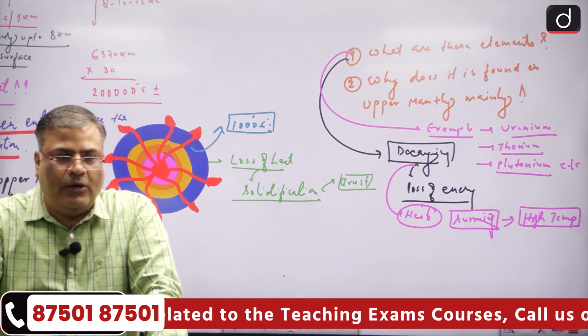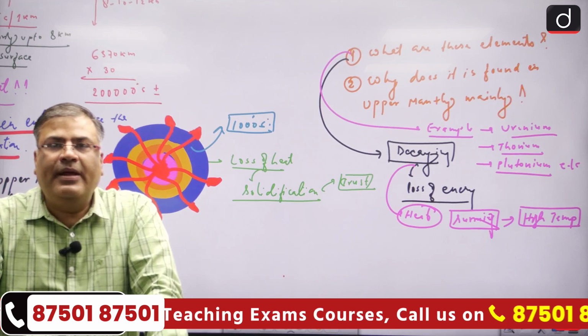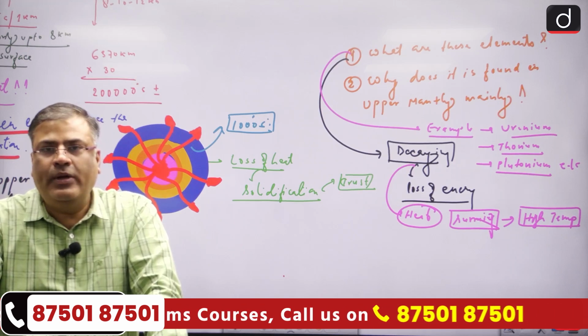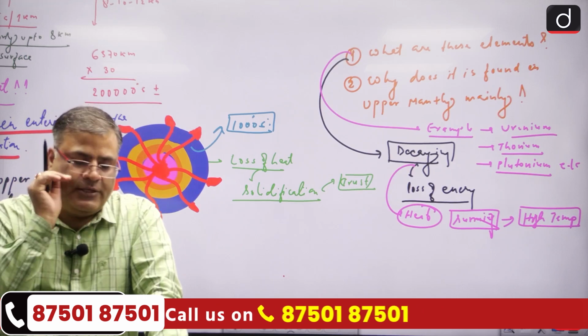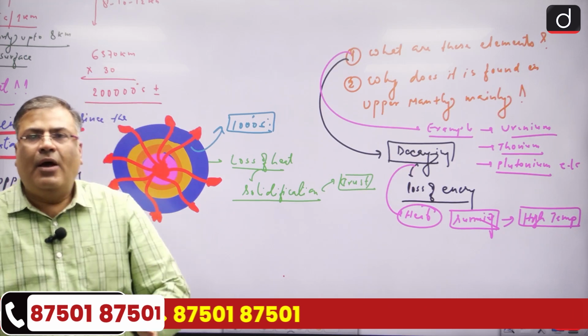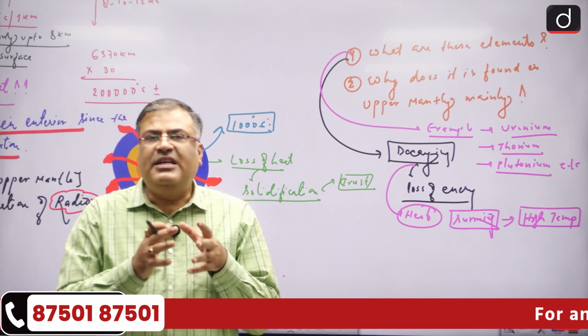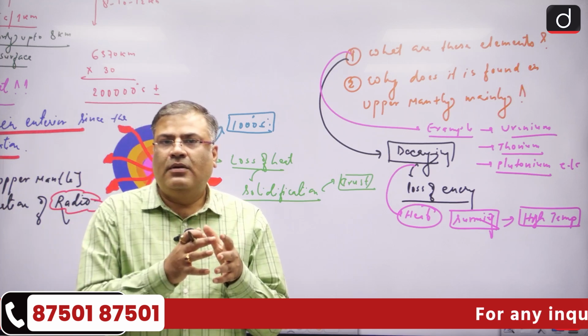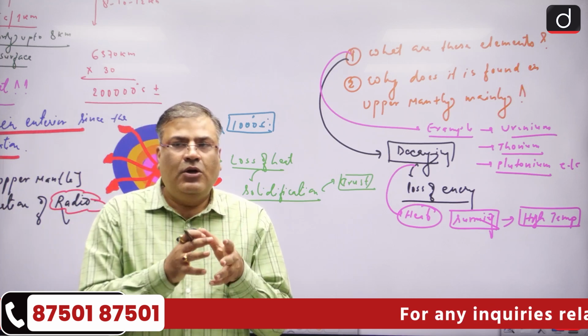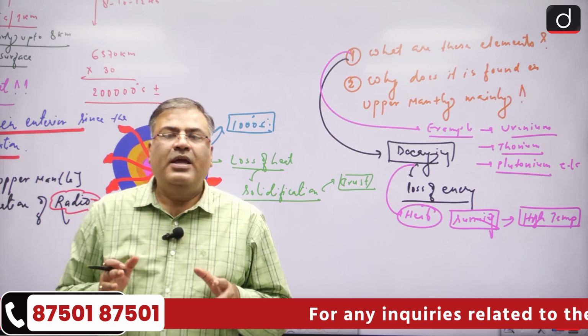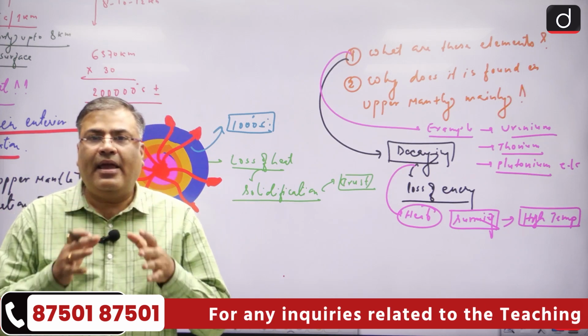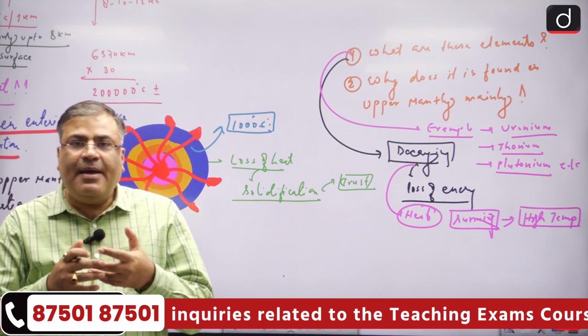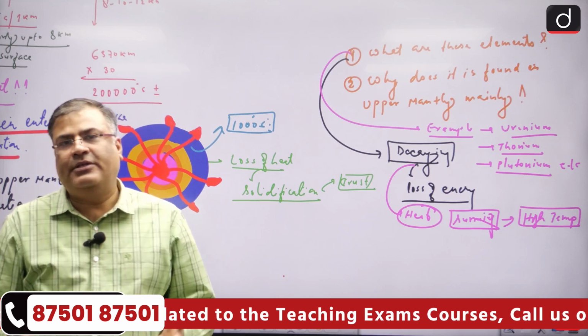And here in nuclear power plants, we break uranium or thorium to produce heat. Now, here there is neither fusion nor fission. It is simply the decay, and this decay produces a good amount of heat.